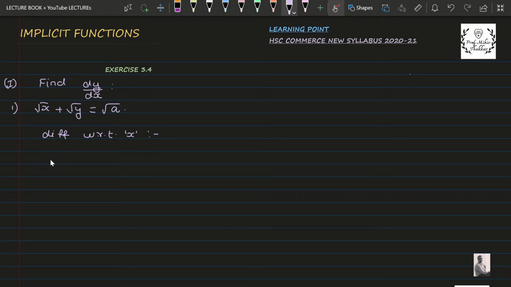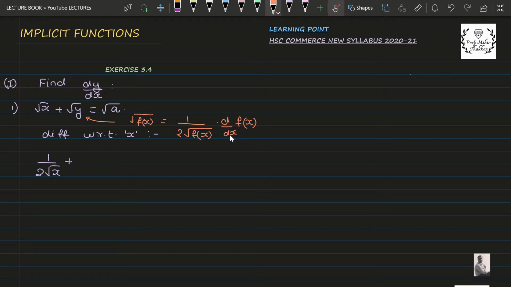So derivative of root x is 1 upon 2 root x. When we want to find the derivative of root y, we will express this as root of fx, and the derivative of root fx is 1 upon 2 root fx multiplied by derivative of fx.